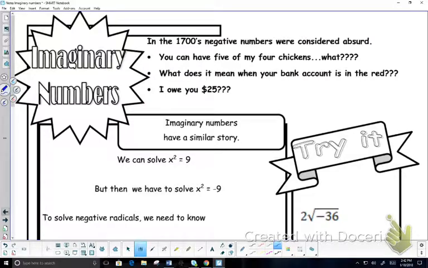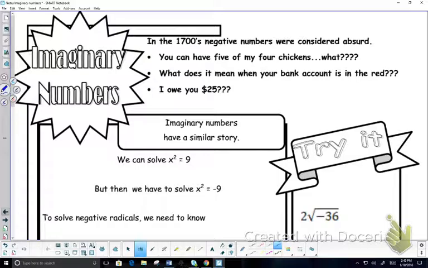But do they now? A negative number simply means, for example, you can have 5 of my 4 chickens. That's a lot. You can't have negative chicken. Doesn't it just mean I owe you a chicken? Yes. If I owe you $25, am I plus 25 or negative 25? So it really wasn't that far-fetched an idea, but in the 1700s it was.